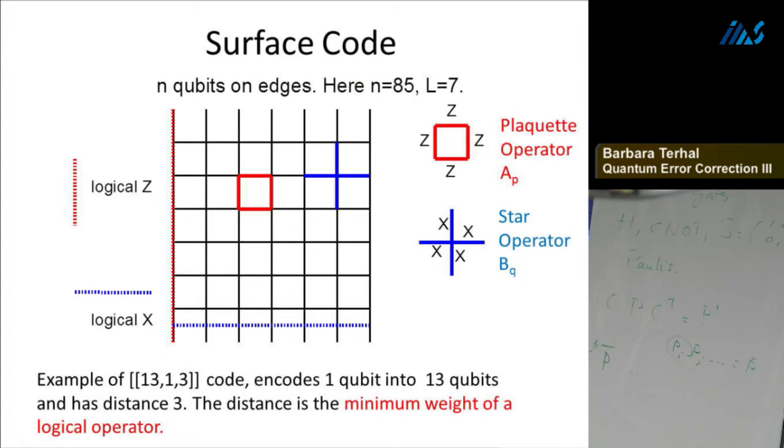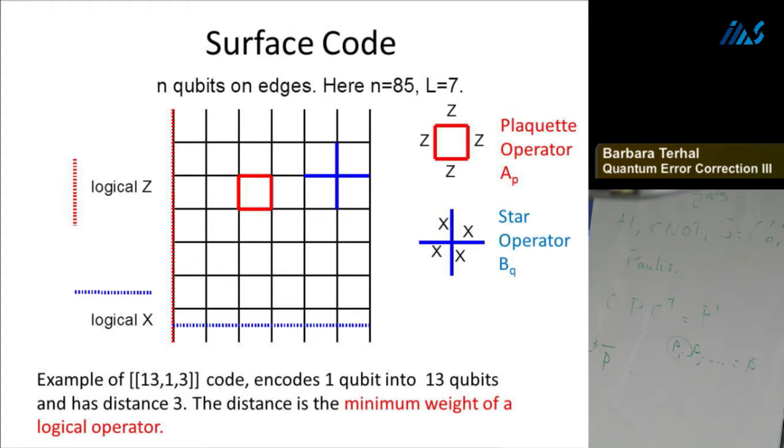Okay, so the checks are these operators, and so you can say what are the operators that commute with the checks but are not generated by them. And these are the logical operators. The logical z is along this line. The logical x is along this line, and you can deform these to go like this.